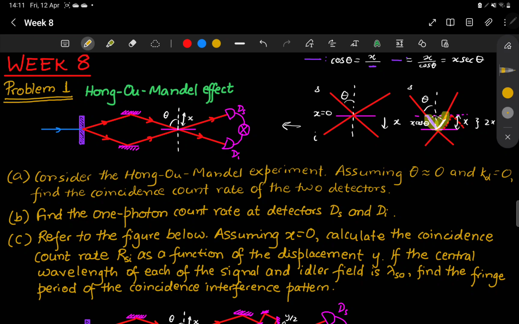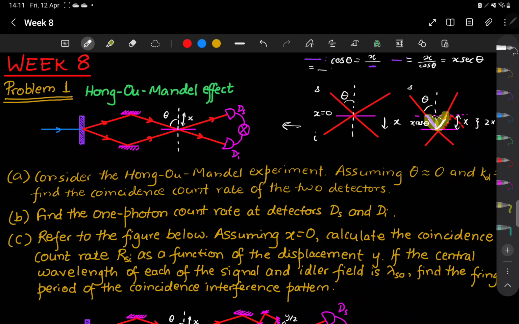neglecting this yellow part. So this purple part is actually equal to the white part plus the yellow part, and the yellow part we want to neglect, and this white part is x cos theta.